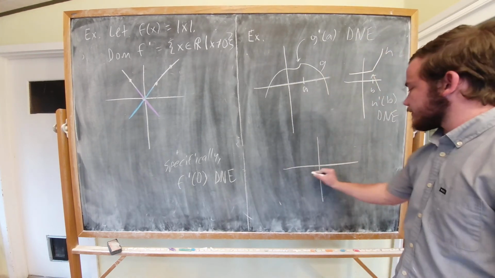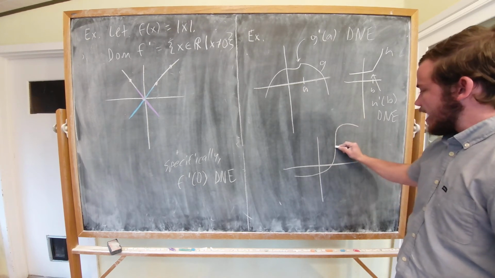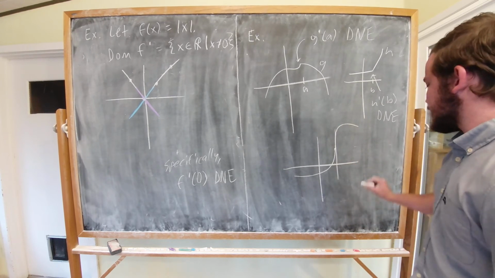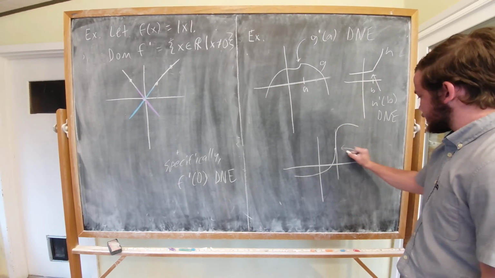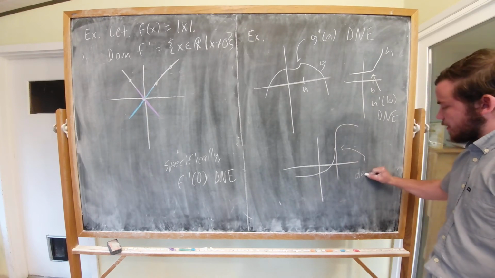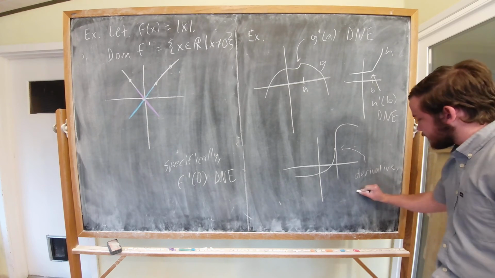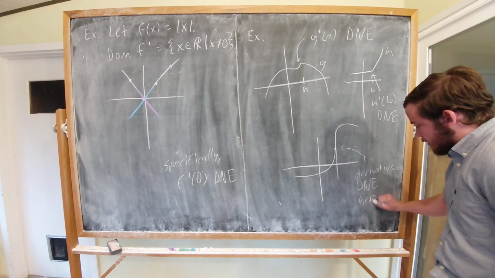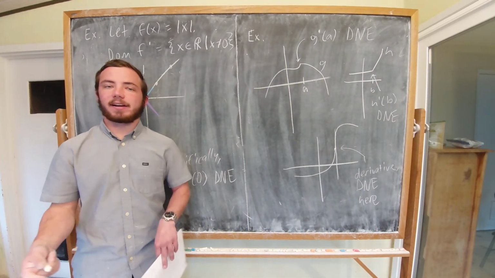So maybe you have something that looks like that. And right there, right at the point where the tangent line is vertical, the derivative doesn't exist. Because again, the slope of the vertical line is undefined.